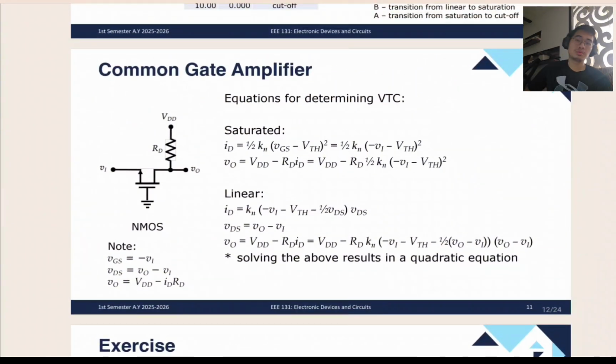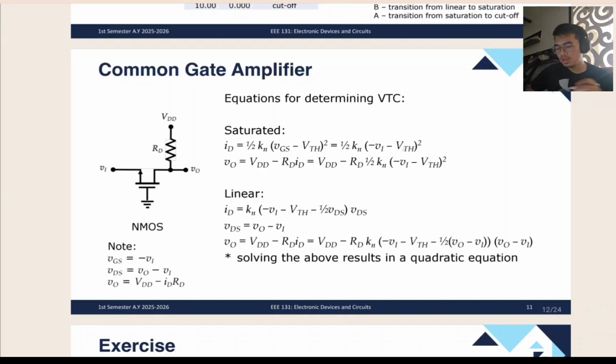Now, let's proceed to the common gate amplifier. For the common gate amplifier, our input is fed into the source, and our output is taken from the drain. So again, the process is going to be the same. We will get the VTC for this and get its derivative. So when it's saturated, same expression.